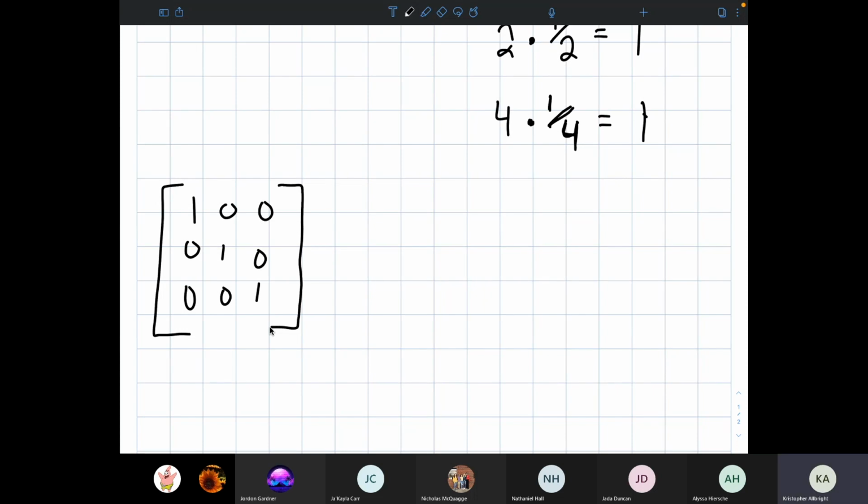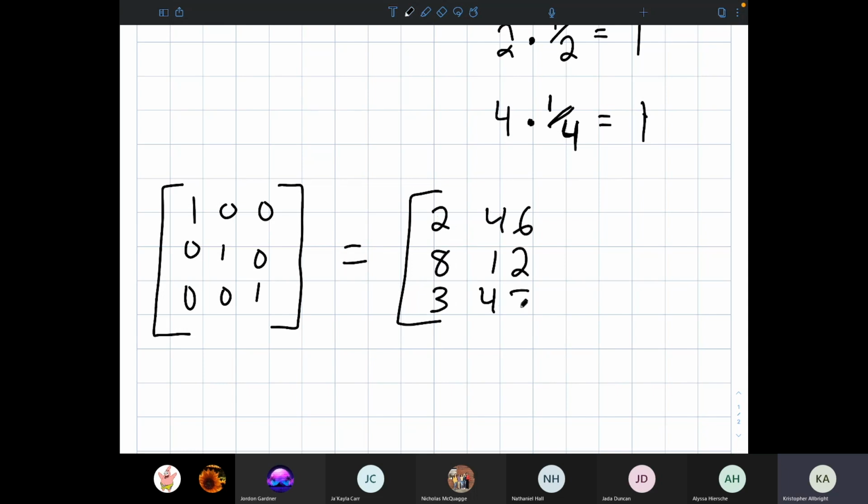Our goal today is going to be figuring out how to get something to equal this. So we're going to multiply some matrix with some numbers in it, 2, 4, 6, 8, 1, 2, 3, 4, 5, I don't know, times something to get this.